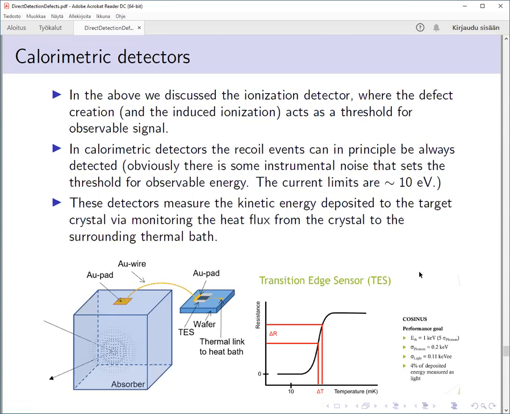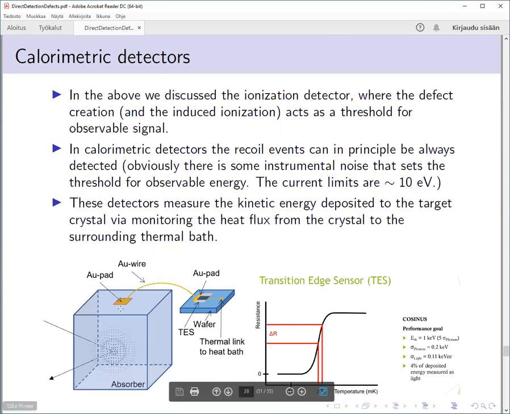So there are different methods for this. This is one possibility of putting it with the wire. Another one is to coat this crystal with these detectors on the surface.